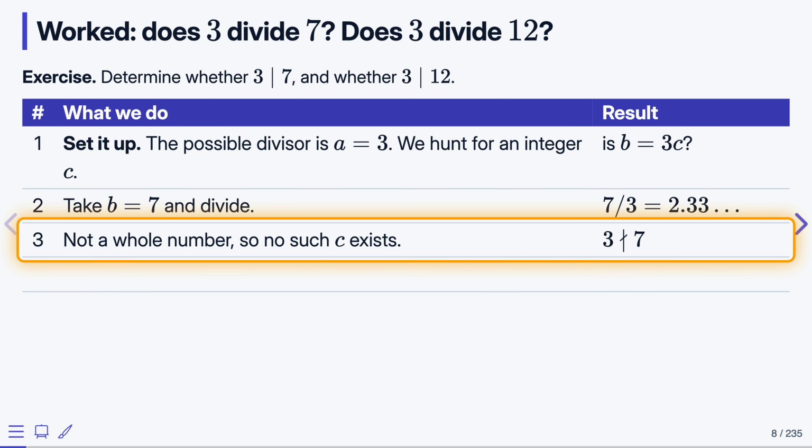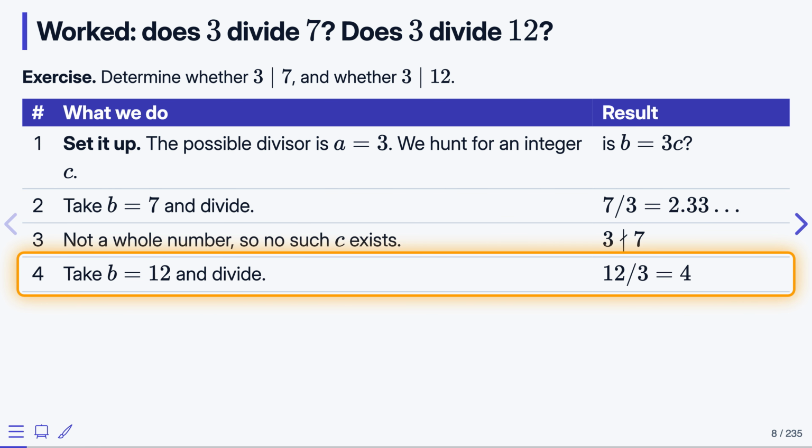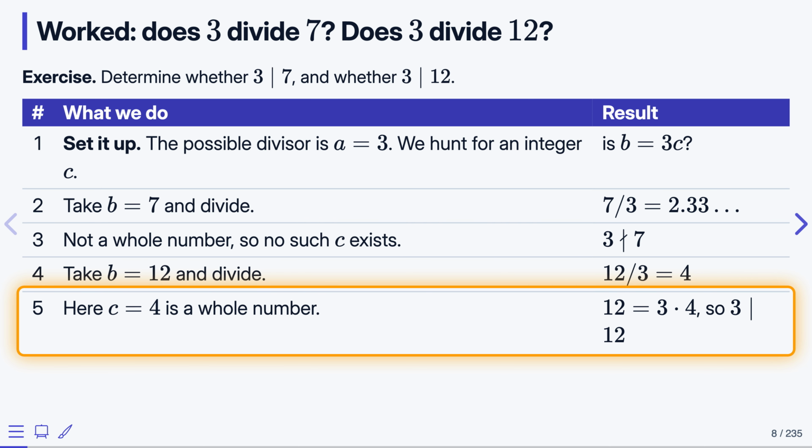Step 3, that is not a whole number, so no c works. 3 does not divide 7. Step 4, now try b equal to 12. 12 divided by 3 is 4. Step 5, 4 is a whole number, so 12 equals 3 times 4 and 3 divides 12.